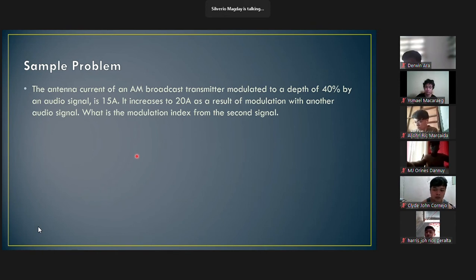Your IT there is 20, that's the total current for the amplitude modulated signal, and your 15 is your IC. So to solve for the second signal, once you've solved the total modulation index, take the square root of the total minus the first index, and that gives the second signal.